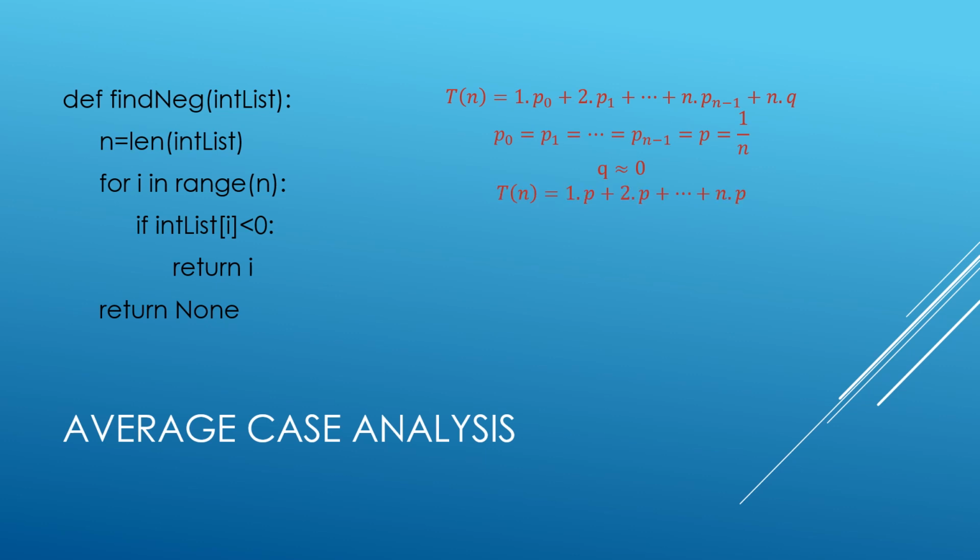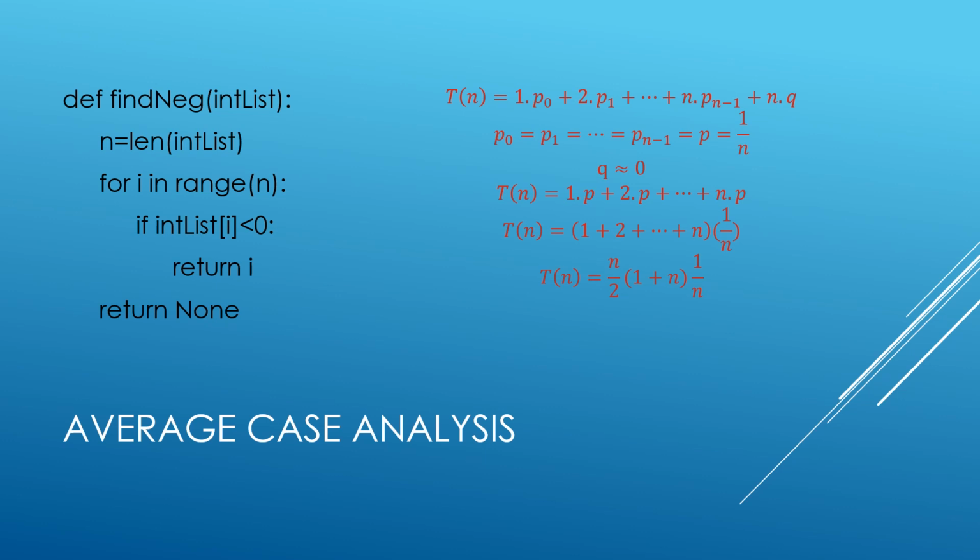Now we come to this equation where we have substituted all Pi's by P and Q with 0. We get Tn is 1 into P plus 2 into P plus continuing n into P. Take P common and we have 1 plus 2 all the way to n multiplied with 1 upon n, which is the value of P. Now we apply the formula for summation of arithmetic series and we come to this equation.